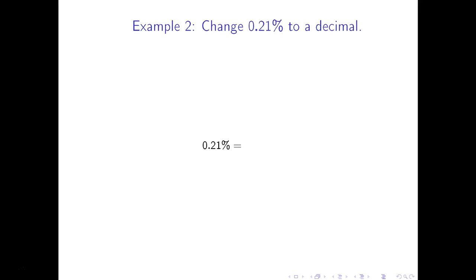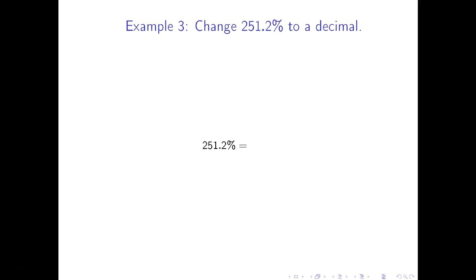So how much do we move the decimal place and in which direction? Go ahead and pause the video and figure that out. All right. So again, percent to decimal means I'm going to the left 2 spots. So this turns out to be 0.0021. Really small number.